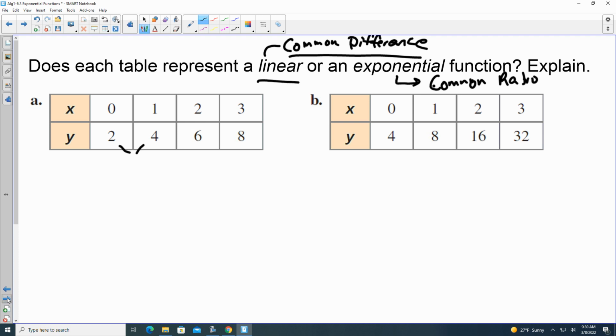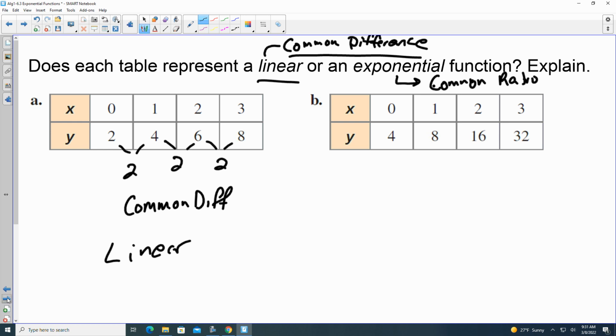So if I took 4 subtracted by 2, I get 2. 6 subtracted by 4, I get 2. 8 subtracted by 6, I get 2. That has a common difference. This does not have a common ratio. Common ratio would be like if I took 4 divided by 2, I get 2. And if it had a common ratio, 6 divided by 4 would have to be 2, which it's not the case. So since this one has a common difference, example A is linear.